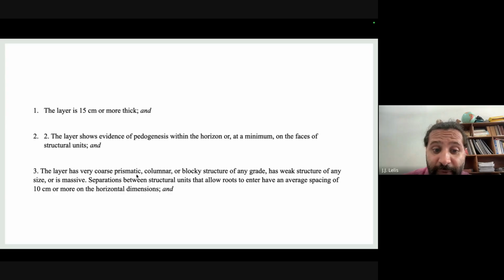The separations between structural units that allow roots to penetrate have an average spacing of 10 centimeters or more, or they are frequent. So I can see a lot of roots growing very easily through that specific horizon in the horizontal dimensions.